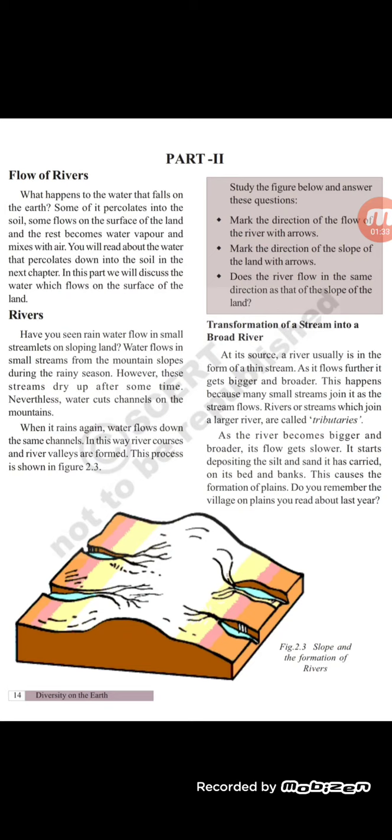It will dry up after some time. When it rains again, water flows down the same channels. In this way, river and river valleys are formed. First I will show the picture of river.